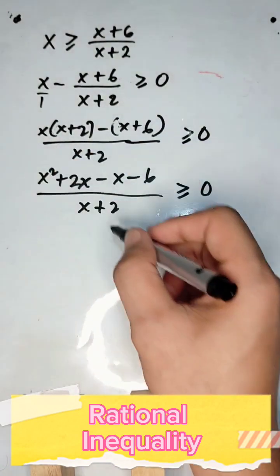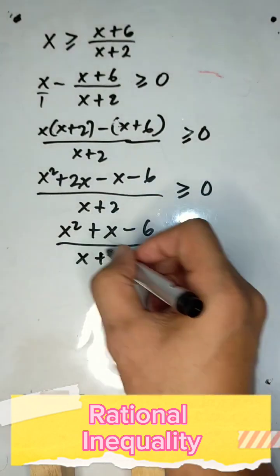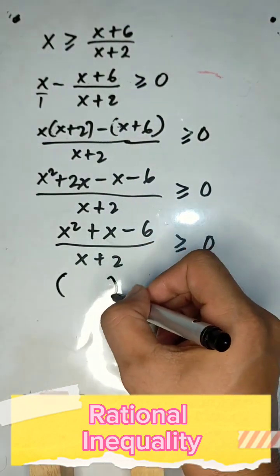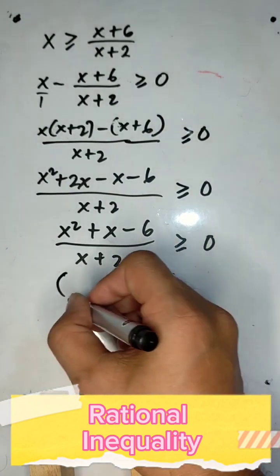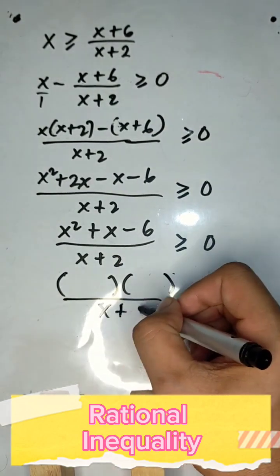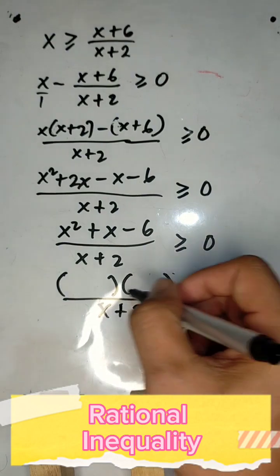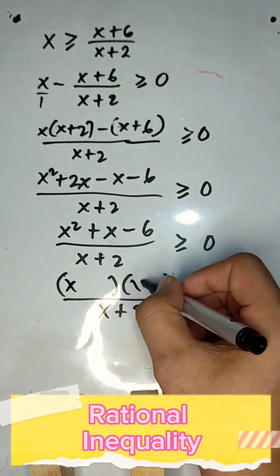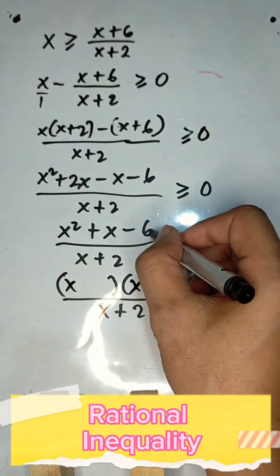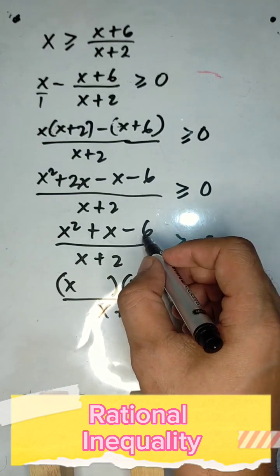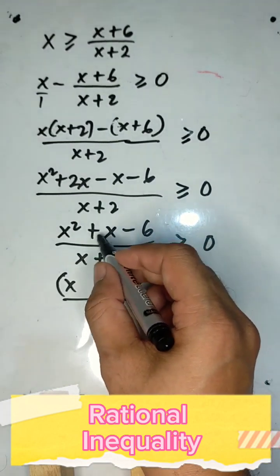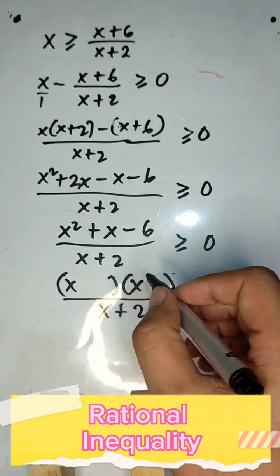Now let's simplify this one. Now we can factor this out. Let's use the FOIL method. Okay, it's x. So the factors of 6, 2 and 3, can give us 1x in the middle term.